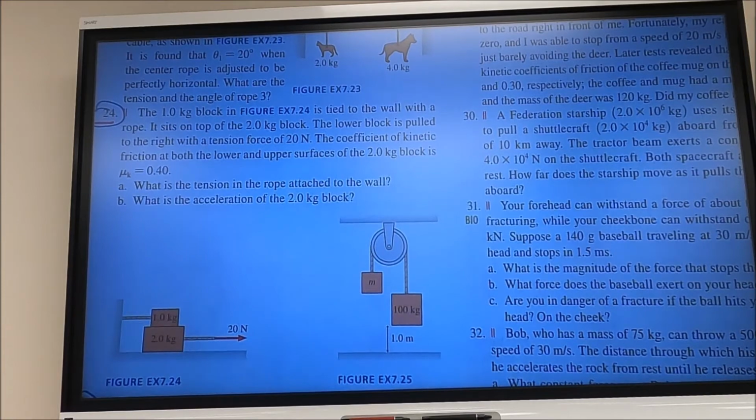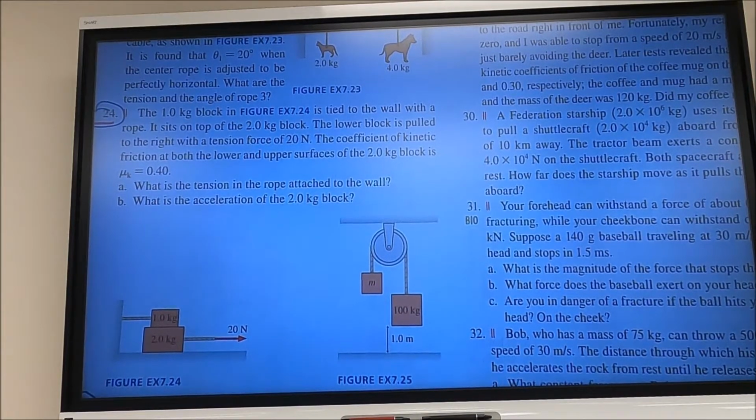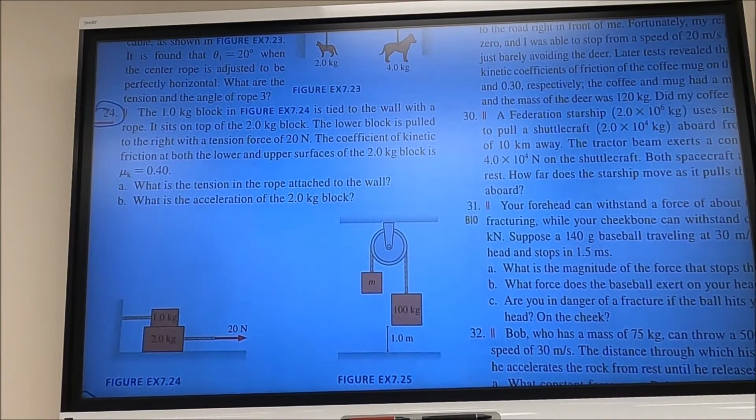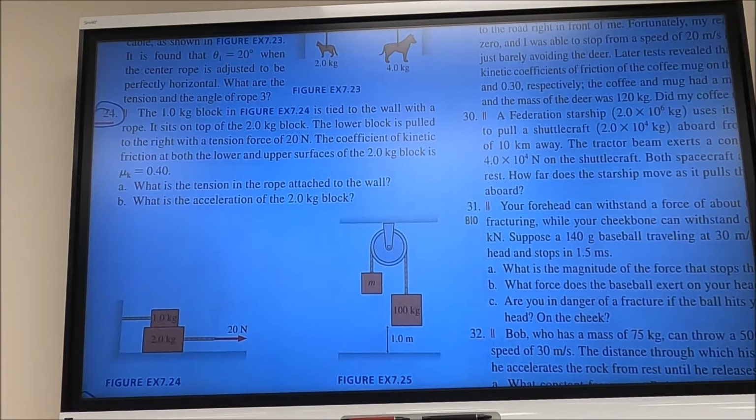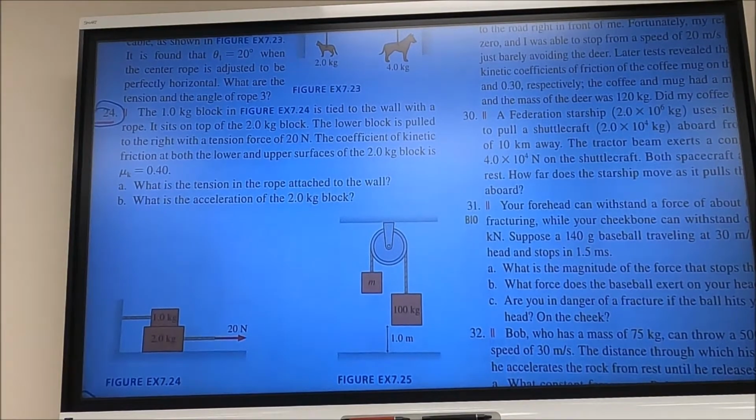It sits on top of a 2 kilogram block. The lower block is pulled to the right with a tension of 20 newtons. The coefficient of kinetic friction at both the upper and lower surfaces of the 2 kilogram block is 0.40. What is the tension of the rope attached to the wall, and what is the acceleration of the 2 kilogram block?